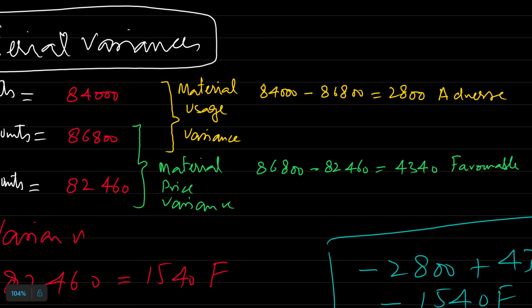What will be its effect? It may cause workers difficulty to work with the material. If we use cheaper material, price variance will be favorable, but material usage variance will be adverse because more wastage of material is possible with the cheaper material.